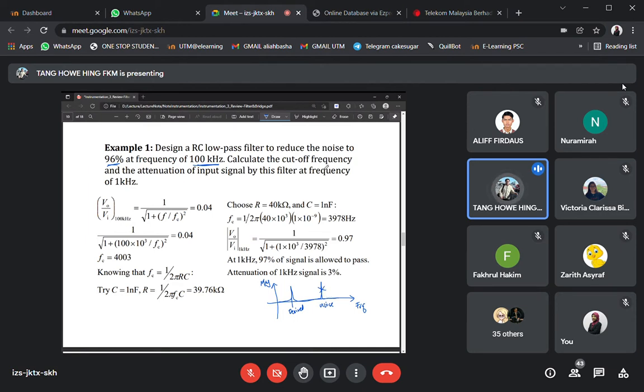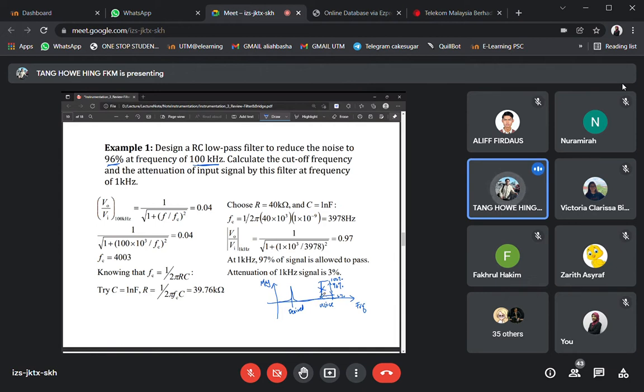Okay. And what it means here is that the noise at 100 kilohertz needs to be suppressed by 96%. Right. So this magnitude maybe is 100%. And therefore, after we apply this low pass filter, we want to suppress this spike down to only 4%. So that means 96% of the noise has been suppressed or reduced.